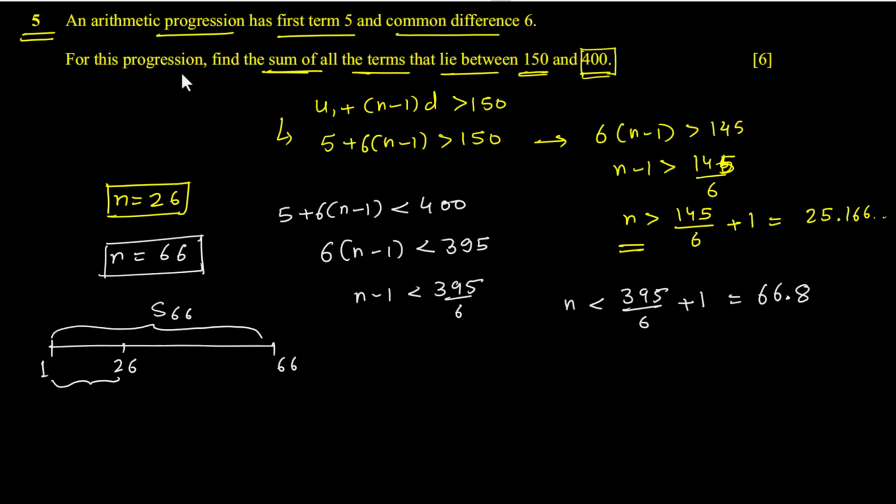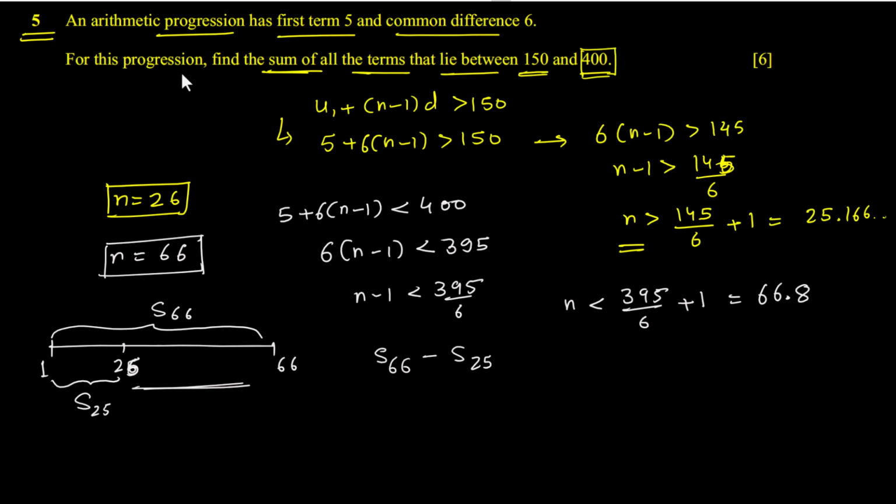We need to add the 26th also, so we have to include 25 here. If we calculate the sum of the first 25 terms and then subtract, we get our result. So from here we will calculate S66 minus S25.